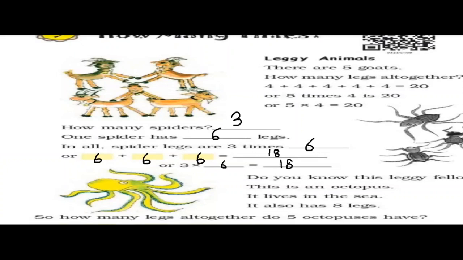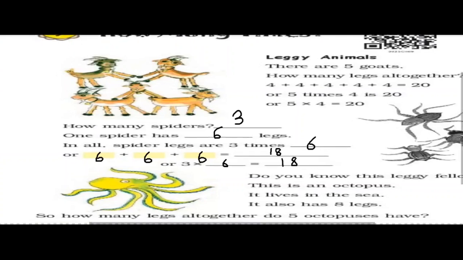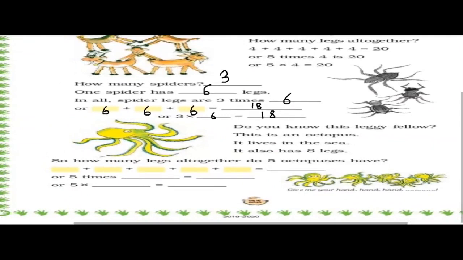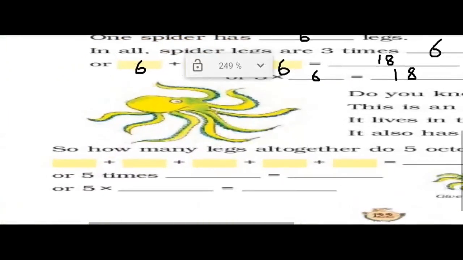Yes, so you can find the legs of spider or any animals in 2 ways, either by adding their legs or by multiplying their legs. Now, do you know this leggy fellow? This is an octopus. It lives in the sea. It also has 8 legs. So, how many legs altogether do 5 octopuses have? So, you have to write one octopus has 8 legs, another 8, another 8, next octopus 8 and 8.